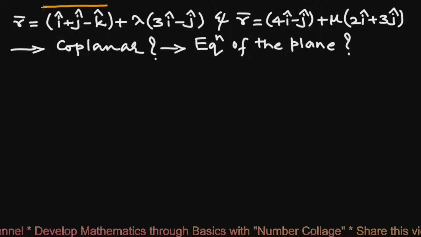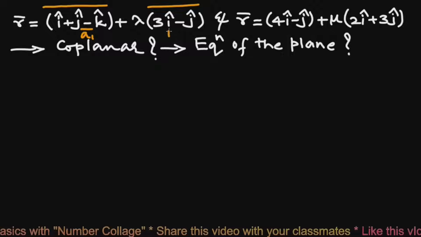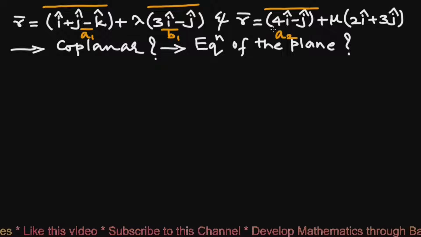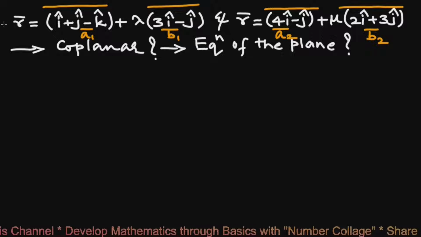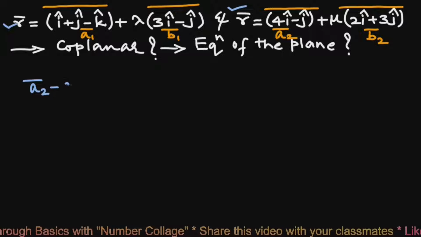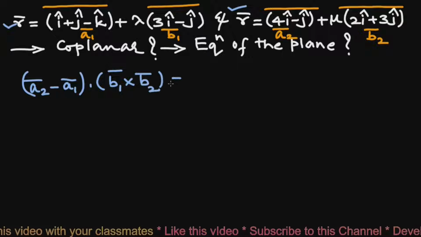Here we have this vector as a1 bar, this vector b1 bar, this vector a2 bar, and this vector b2 bar. Now these two lines will be coplanar if (a2 bar - a1 bar) dot (b1 bar cross b2 bar) equals 0.